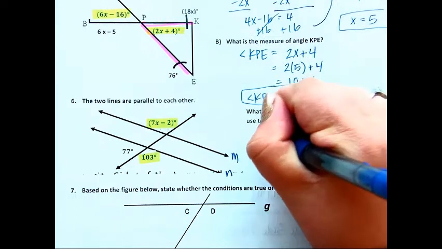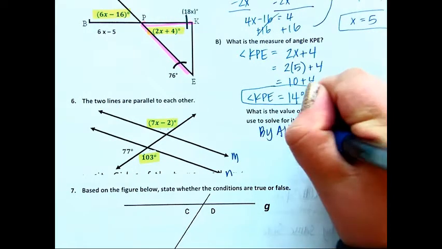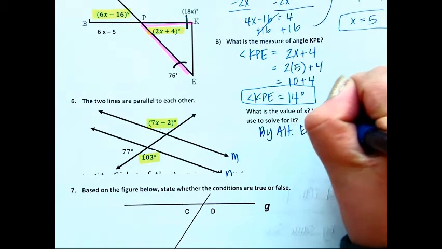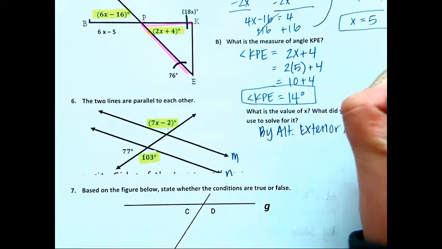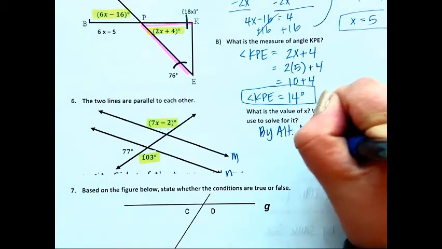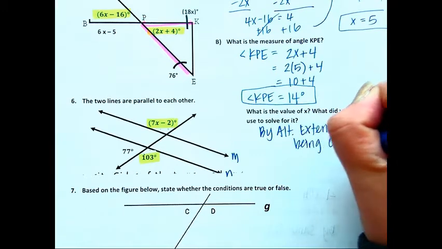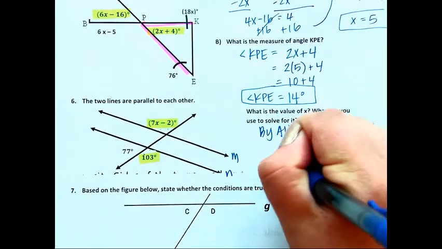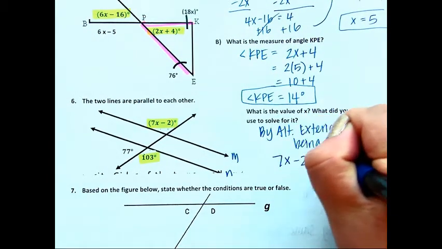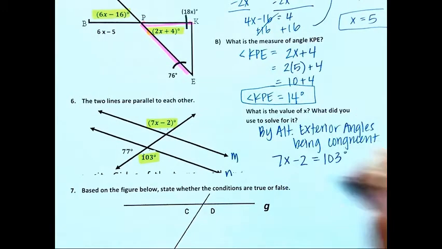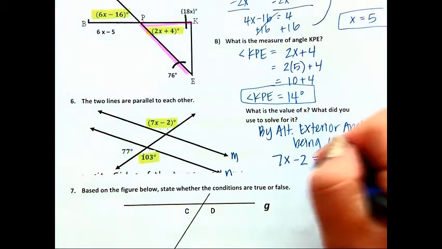So by alternate exterior angles being congruent, that 7x minus 2 equals 103 degrees. So now I can solve for the value of x, and we used alternate exterior angles to solve for it.